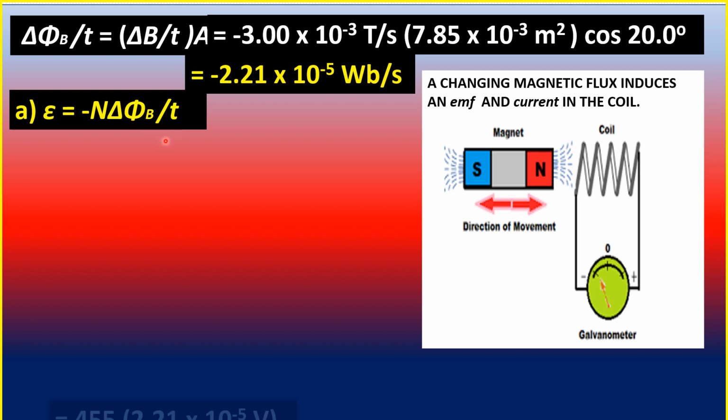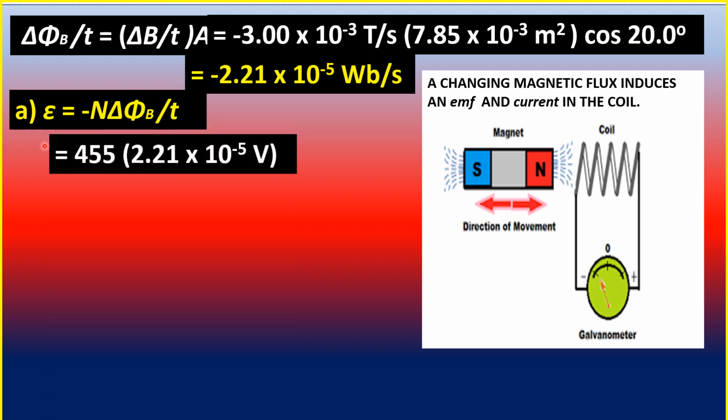Substituting, we have 455 multiplied by 2.21 times 10 to the negative 5 volts, since Weber per second is the same as volt.